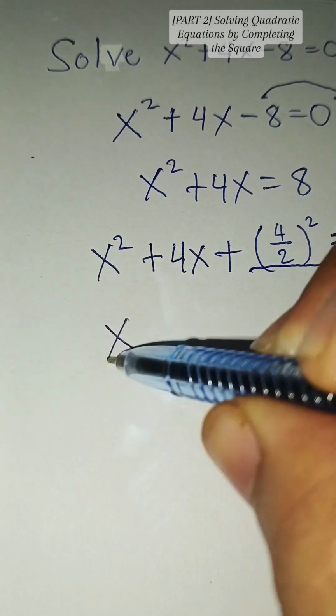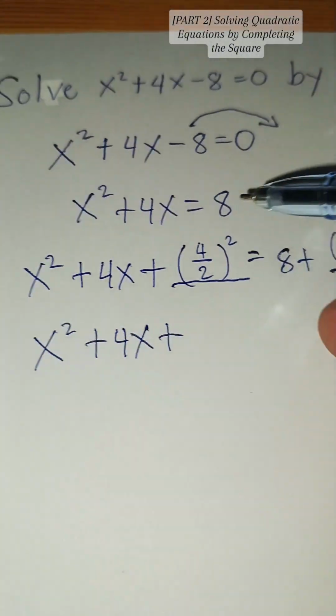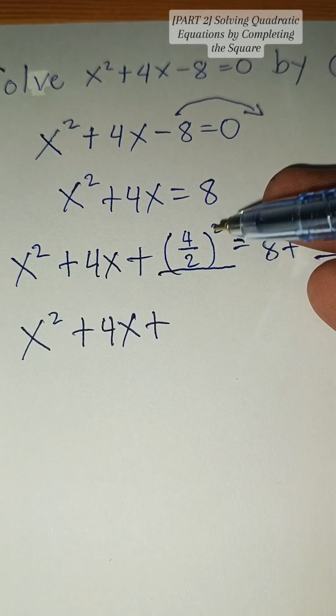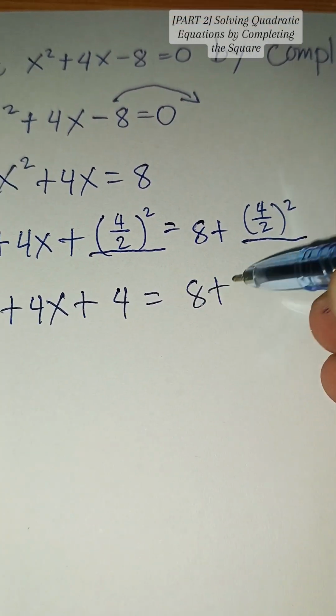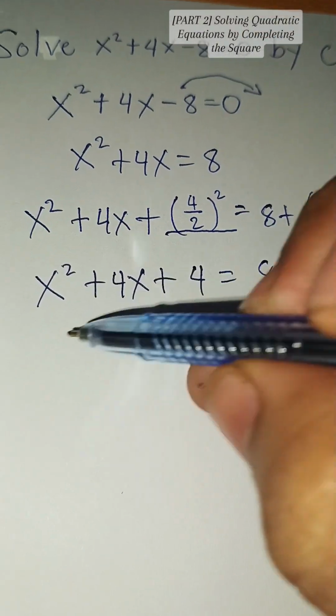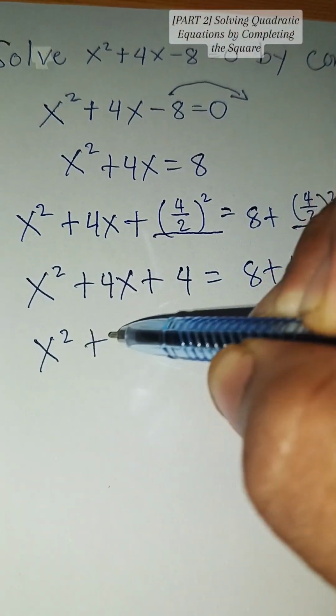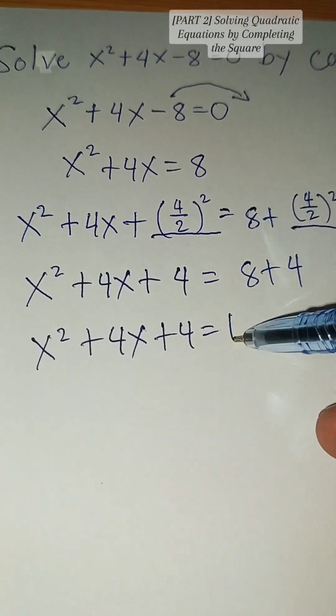Then x squared plus 4x plus 4 over 2 squared, that is 2 squared, that is 4, equals 8 plus 4. Then we copy again: x squared plus 4x plus 4 equals 12.